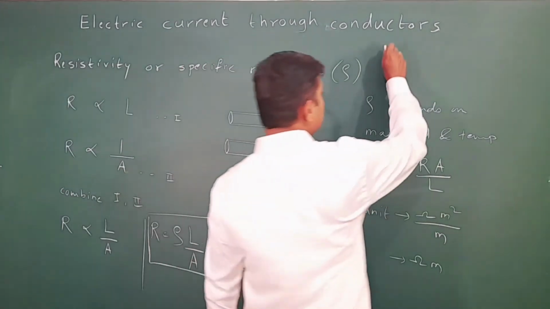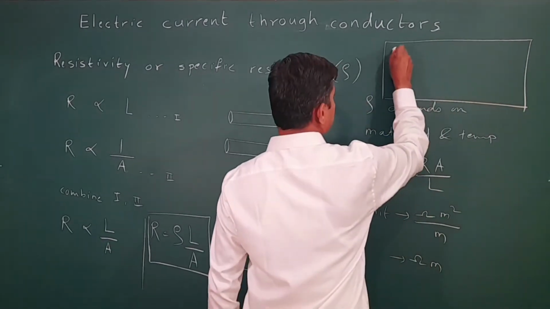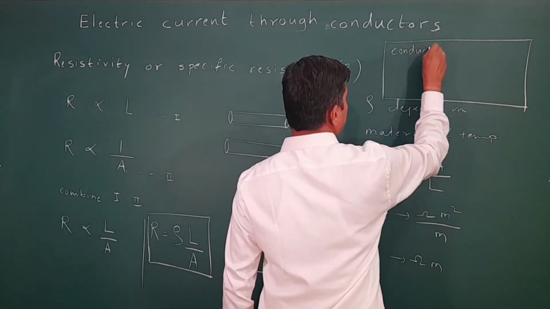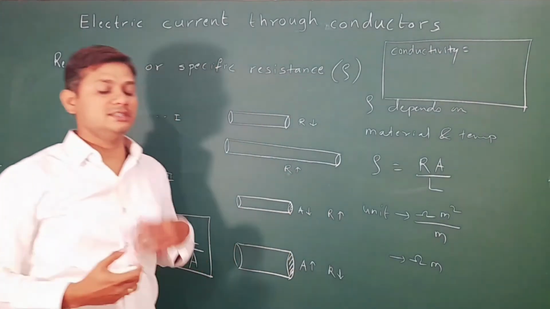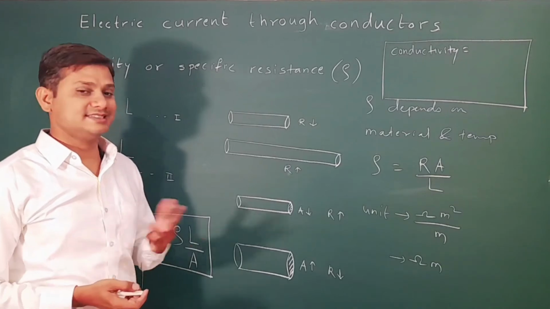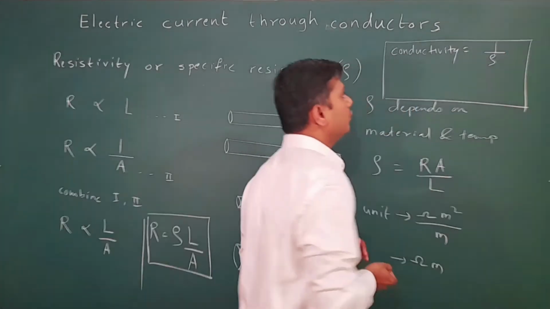Now there is something called conductivity. Conductivity is nothing but the reciprocal of resistivity. So conductivity is 1 upon rho.